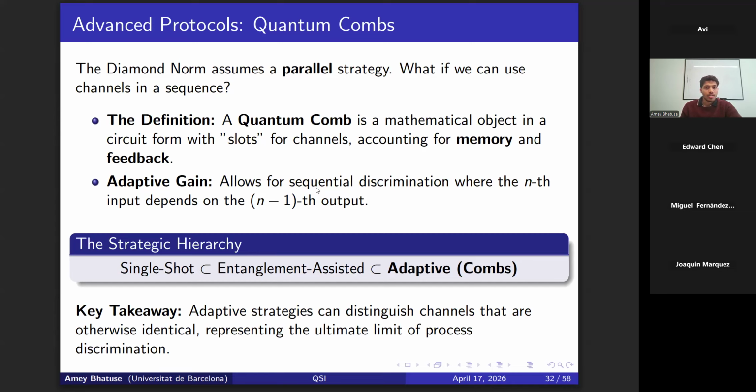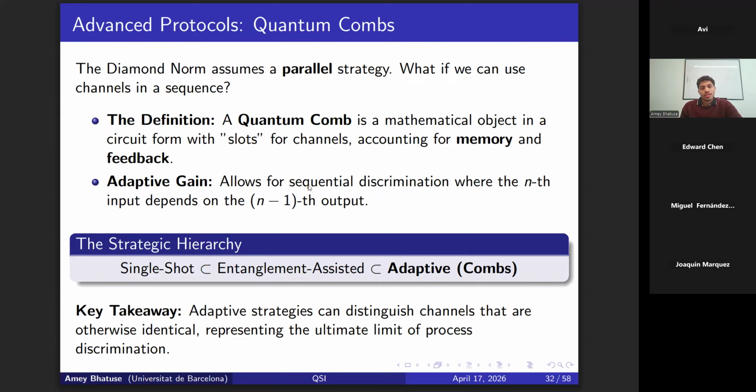The basic idea behind this sequential construction is that you have a mathematical object in the form of a circuit where your channels can be fit as slots that account for memory from your previous outcomes, and then you can feed these outcomes back into the circuit to help us distinguish between the channels. The idea is that maybe allowing for this sequential strategy can help us distinguish between these channels.